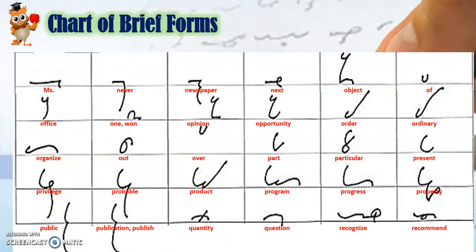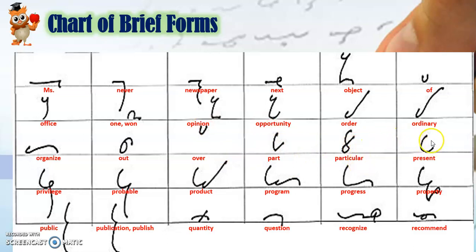Next. Another set of brief forms. We have here Miss. Never. Newspaper. Next. Object. Of. We have office. One. Opinion. Opportunity. Order. Ordinary. Organize. Out. There's no D. Over. Part.